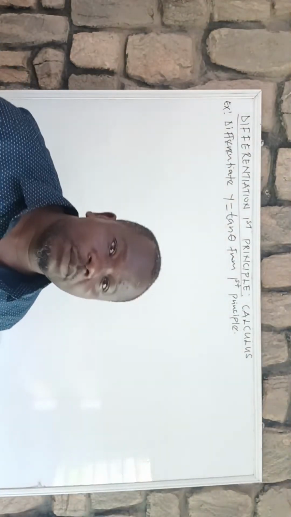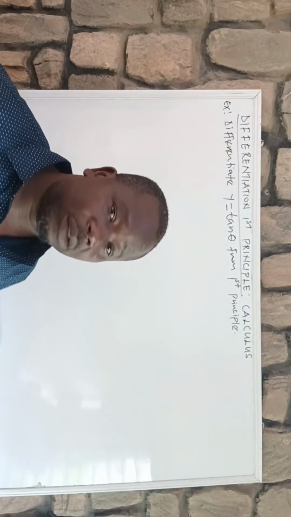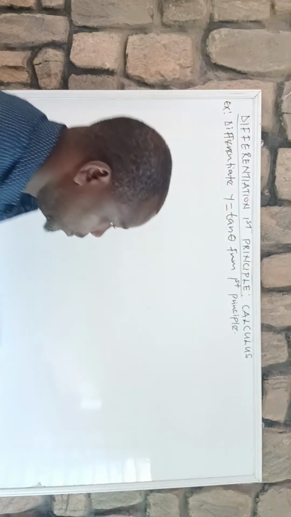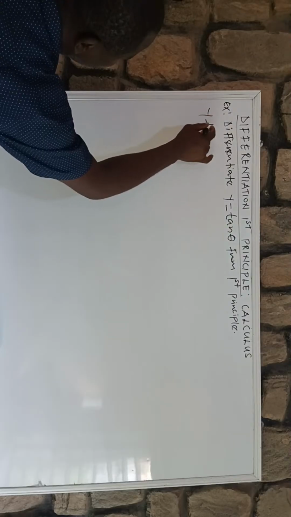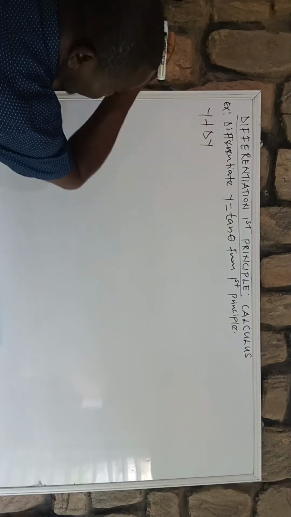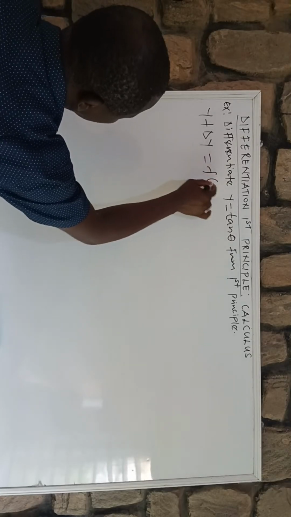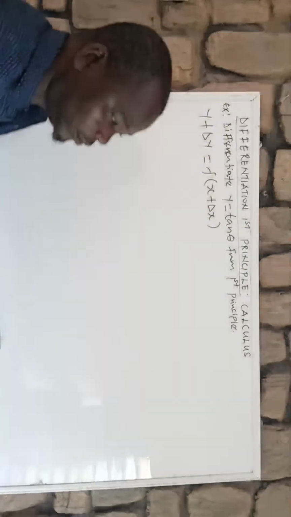As long as first principle is concerned, the formula for first principle is this: y plus increase in y equals f of x plus increase in x. This is the formula.